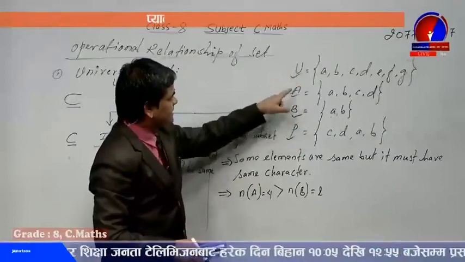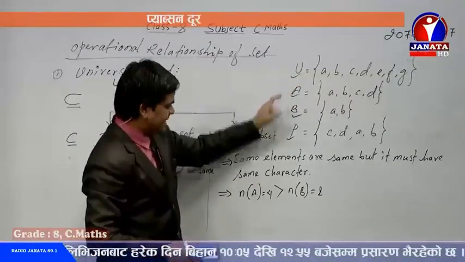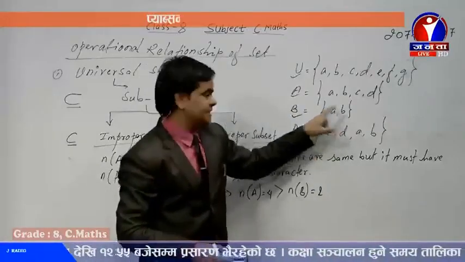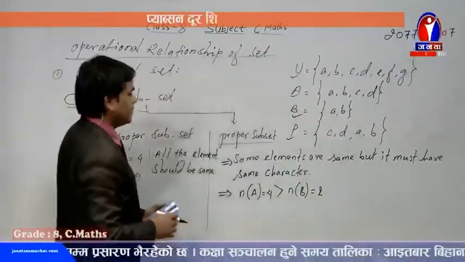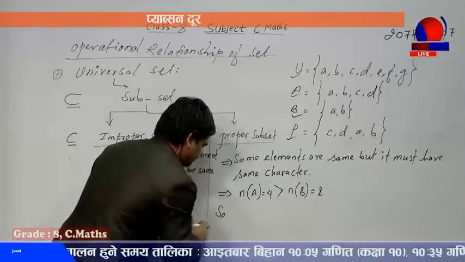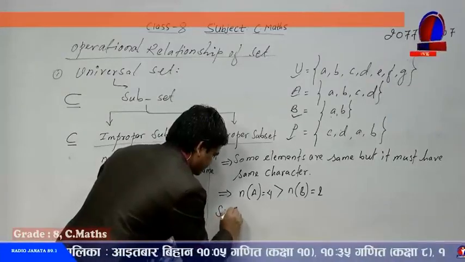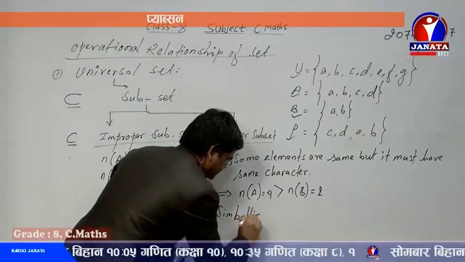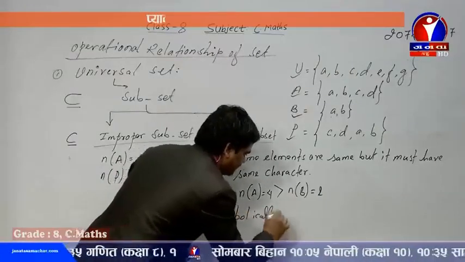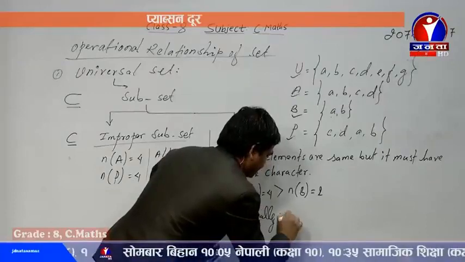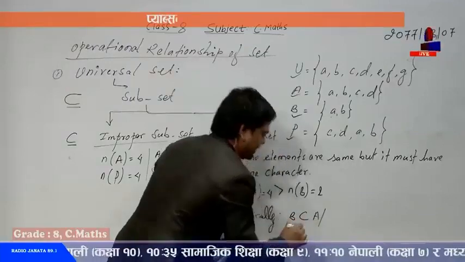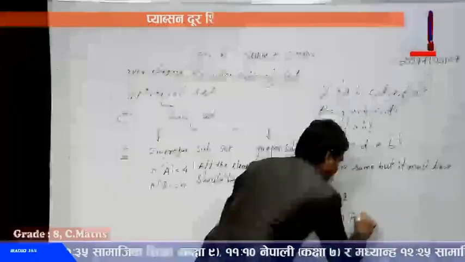Because the universal set, set A, subset P all have the elements which are in set B. So set B is known as the proper subset, and it is denoted symbolically as B is the proper subset of A, either A, P, or the universal set.